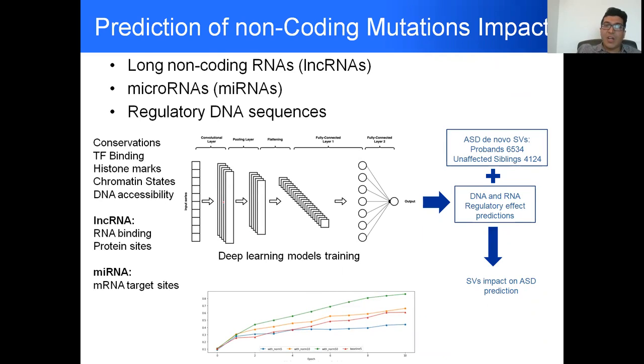For our analysis, I divide the analysis into 3 different sections because they have different features: long non-coding RNAs, microRNAs, and regulatory DNA sequences. If we look at the genetic associations, variants are inherited together.